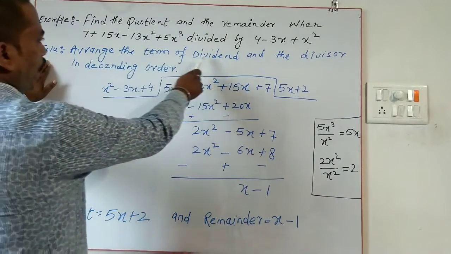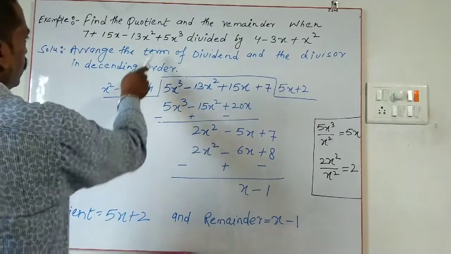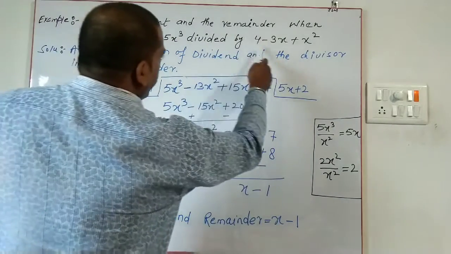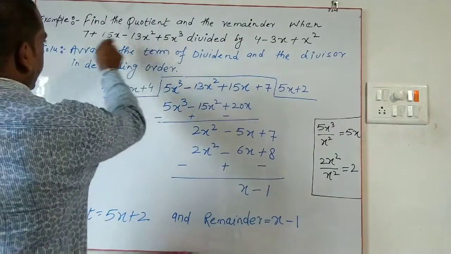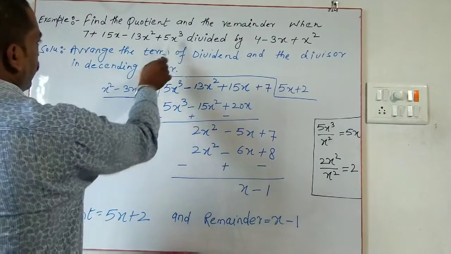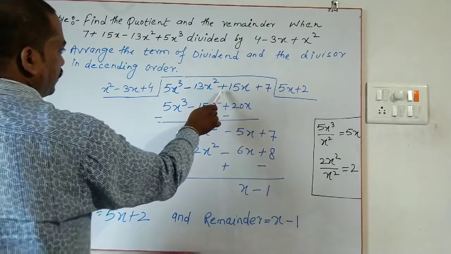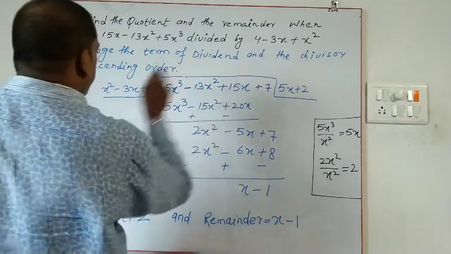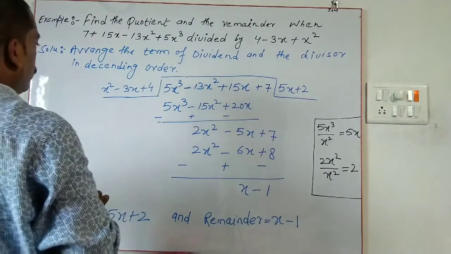Arrange the terms of dividend and the divisor in descending order. So this is our dividend and this is our divisor. So we will arrange it in a proper form. So it will become 5x cube minus 13x square plus 15x plus 7, and the divisor will become x square minus 3x plus 4.